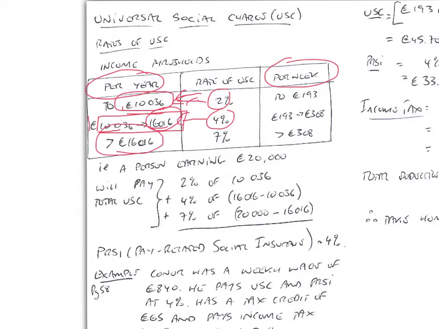We'll do an example in a second. But if it's a weekly wage, then they'll pay 2% of 193, 4% of this, and if they're earning more than 308, an extra 7% on whatever is greater than 308.